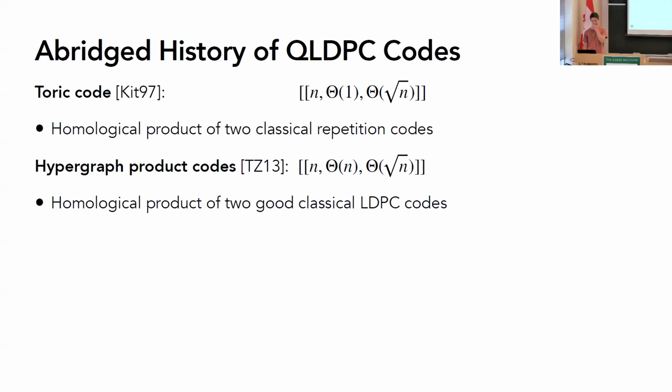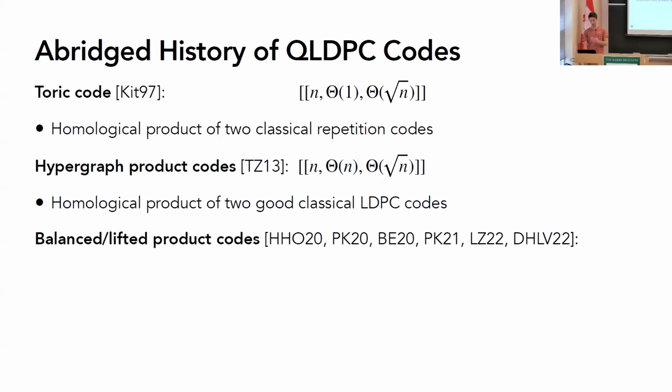And this is, again, using this homological product construction, but now they're taking the product of 2 asymptotically good classical LDPC codes. So 2 classical LDPC codes where the distance and dimension grow linearly in the block length. And somehow the distance is preserved under this product, or sorry, the dimension is preserved under this product, but the distance takes a square root of n hit, which we'll get into the exact reasons for later.